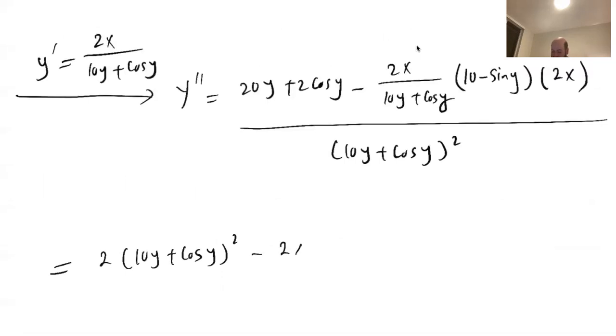So minus 4x squared times 10 minus sine y divided by 10y plus cos y, and then divided by 10y plus cos y the whole to power 2, right? See? It seems the screen is frozen. Let me stop share.